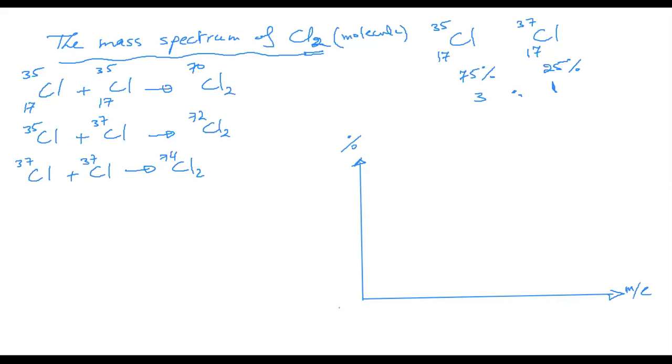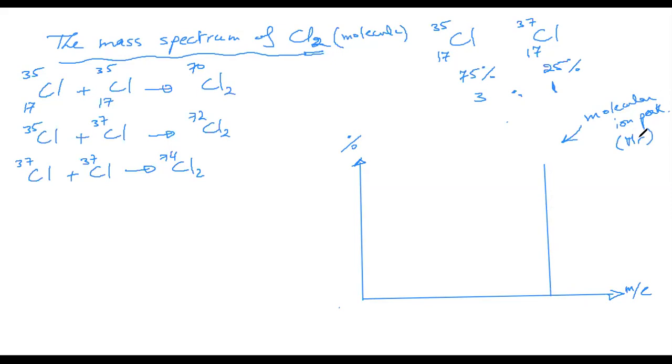We always get at the end what we call the molecular ion peak, which determines our molecular mass. From the molecular ion peak, we usually get the molecular mass of the molecule.